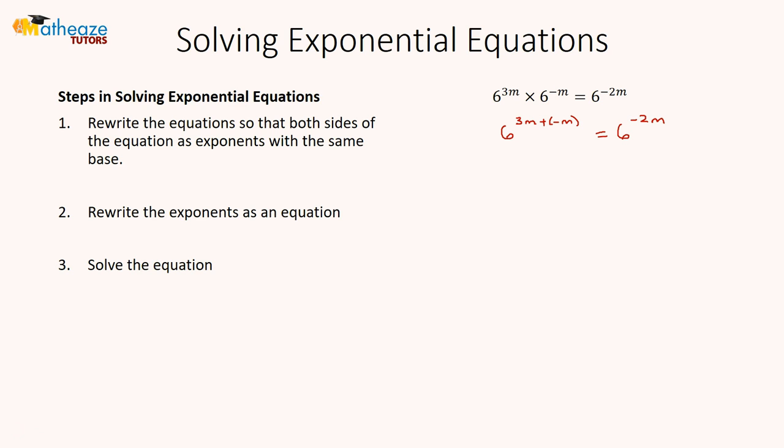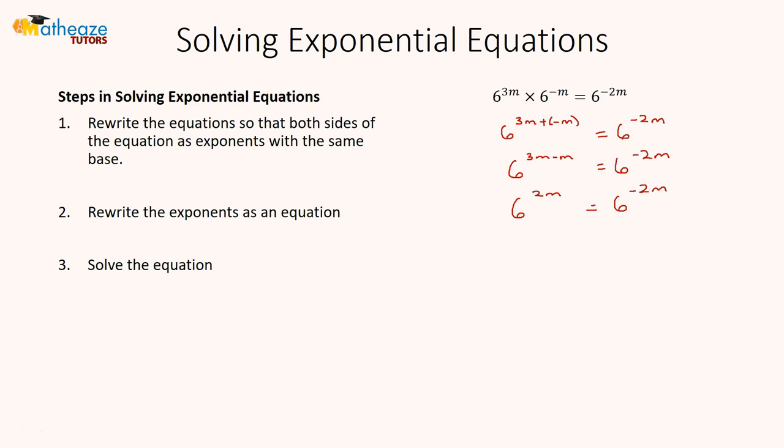So we now have 6 to the power of 3m minus m equal to 6 to the power of negative 2m. So 6 to the power of 2m is equal to 6 to the power of negative 2m.